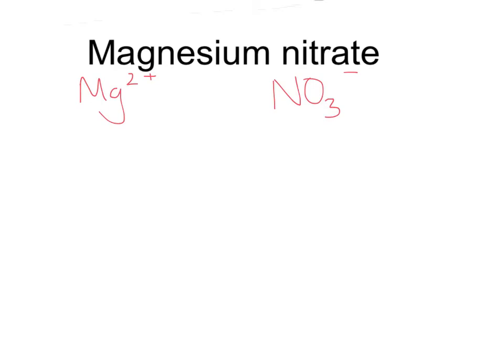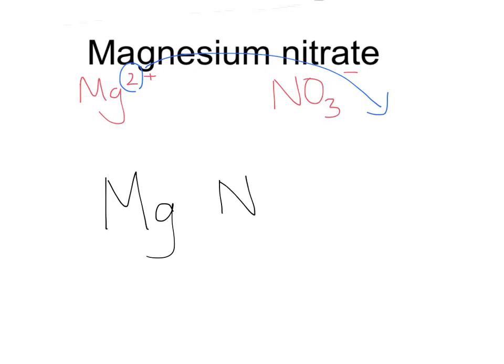I take this number and I put it there. There's no number for nitrate, so I don't really need to do anything with it. I can then write out my formula. Here's magnesium, here's nitrate, and I need 2 of the nitrate.